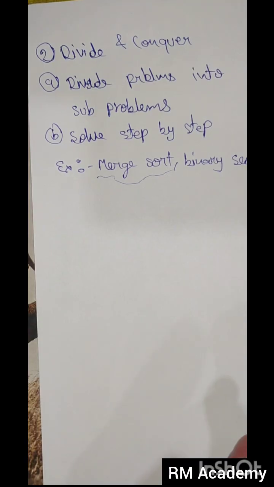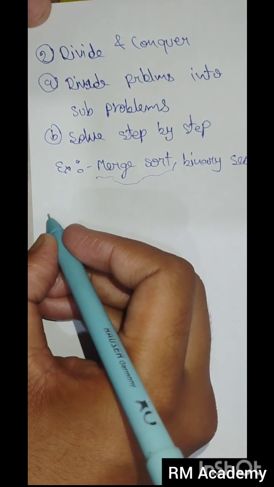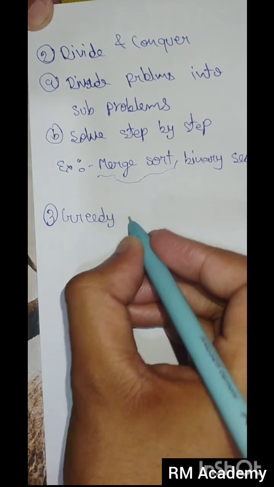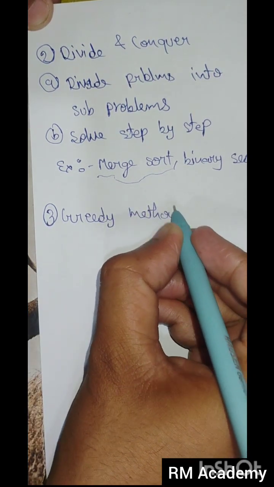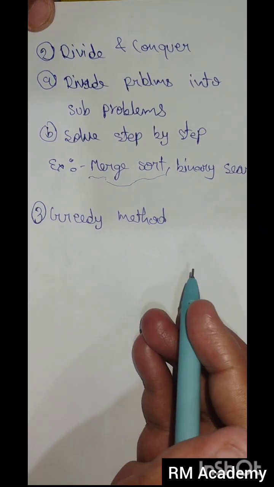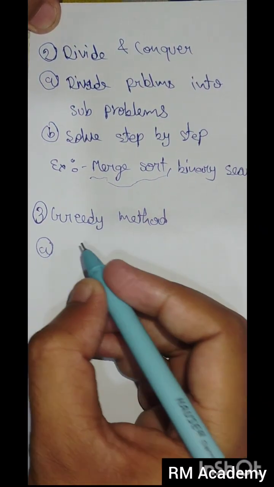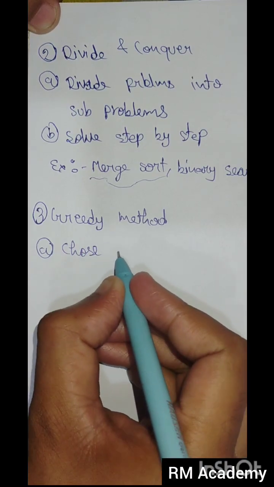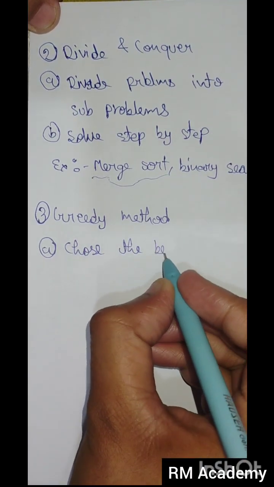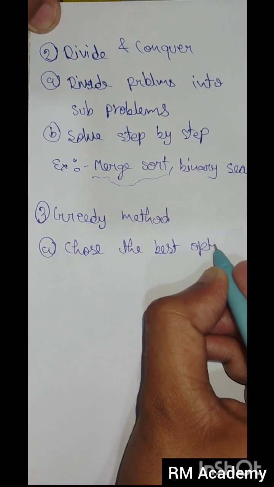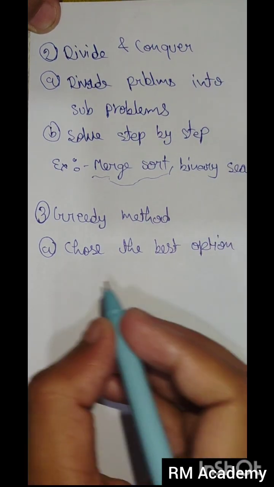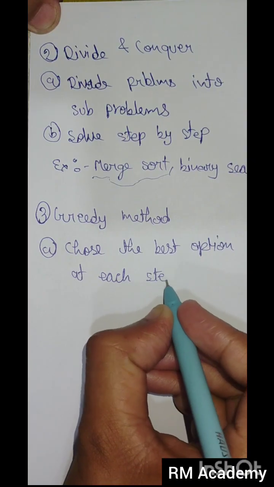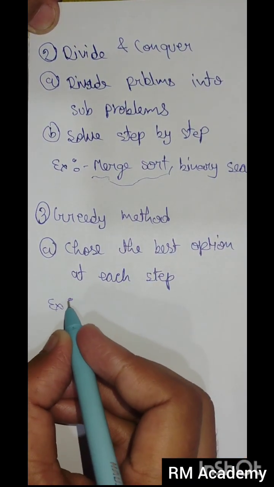So the next type of algorithmic design is greedy method. So in this, choose the best option at each step. For example, Kruskal algorithm.